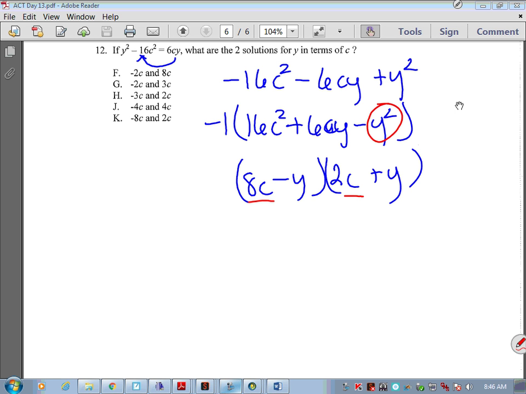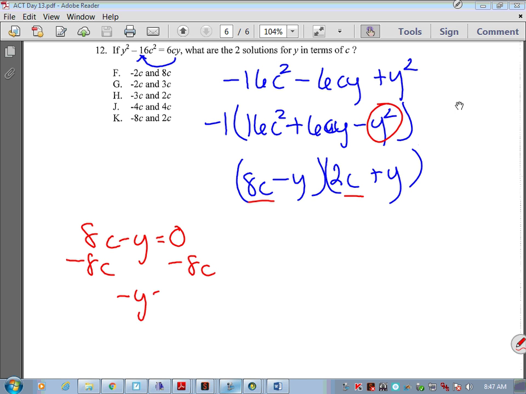So at this point, all I need to do is solve these, because it wants solutions for y in terms of c. So 8c minus y equals 0. We're going to subtract 8c to the other side.